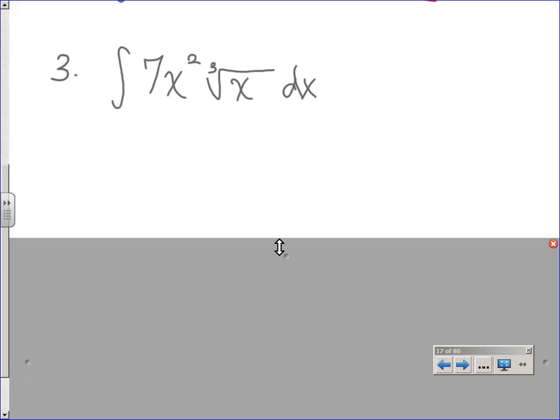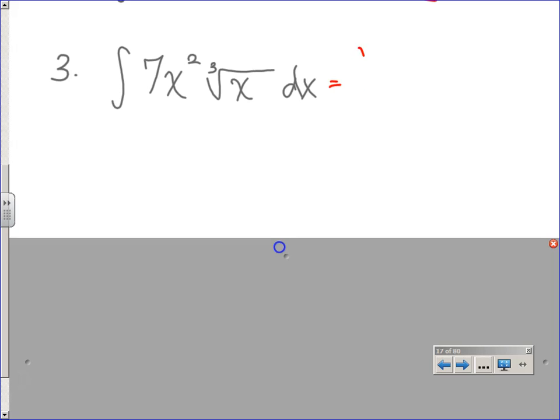Yeah. Yes. So group 5 got one, and then group 3 got one. 7, 6, 6, 5.